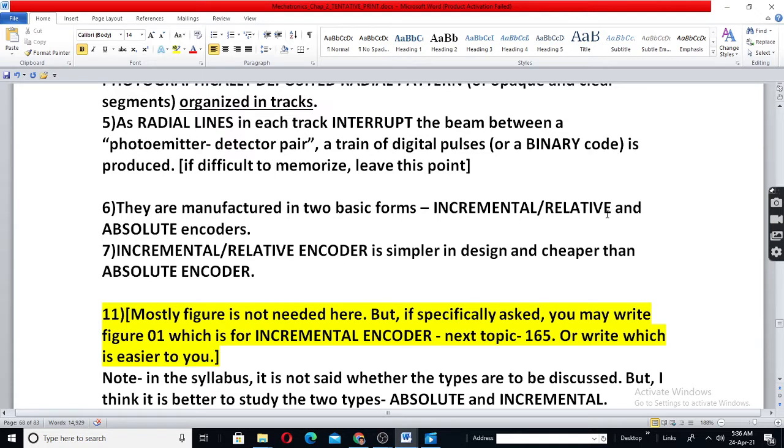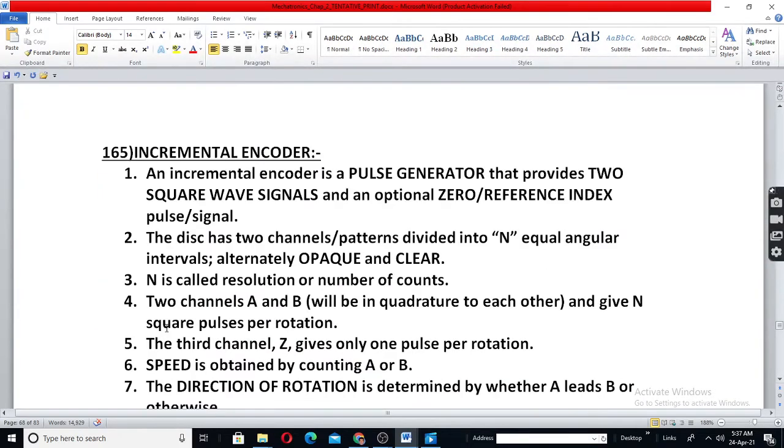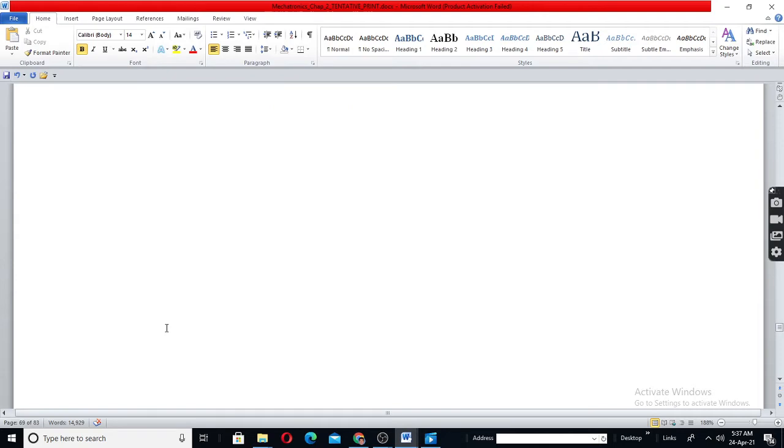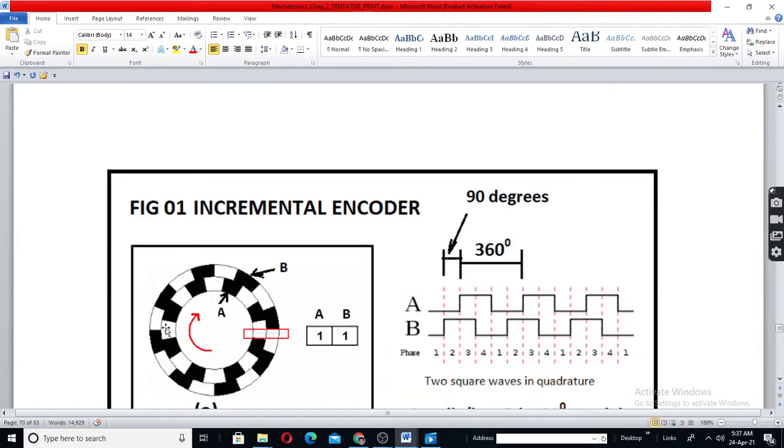One is relative or incremental, another is absolute. Incremental encoder is simple. In your syllabus, it is not mentioned whether you need incremental or relative. Hence, I have explained here both. In examination, I think you can write incremental if they have not asked.